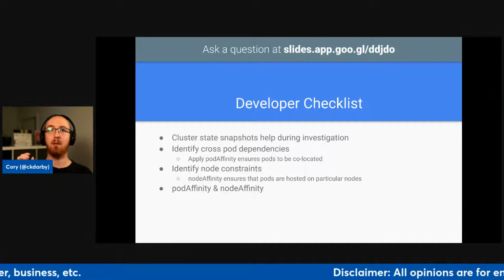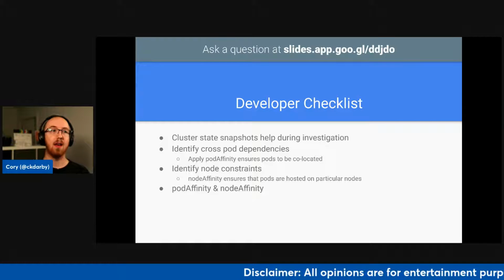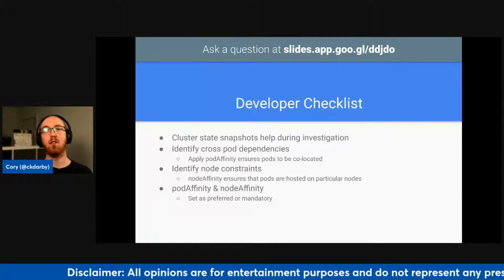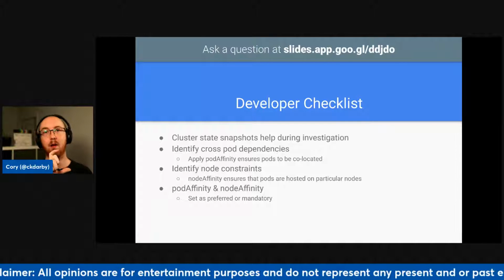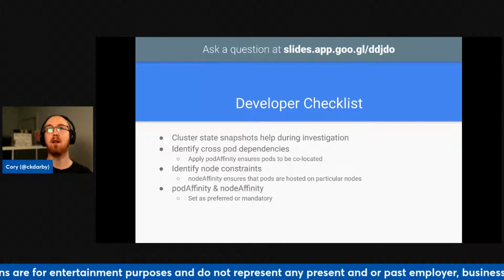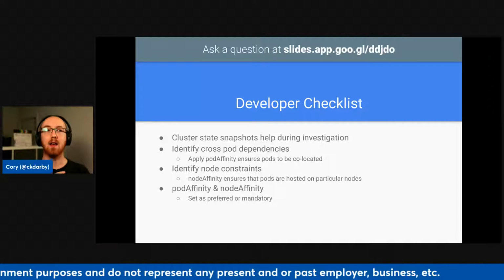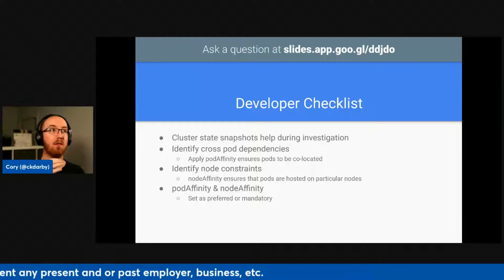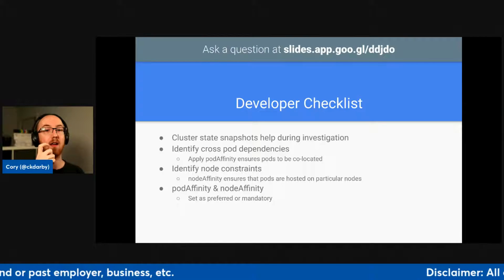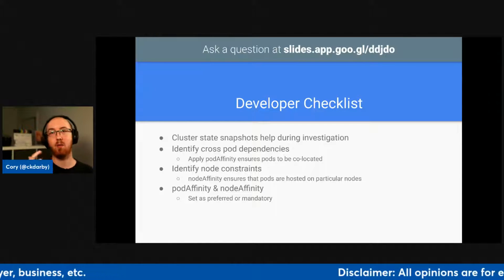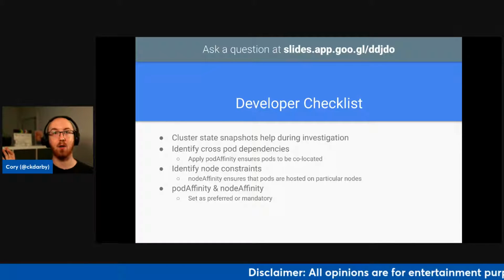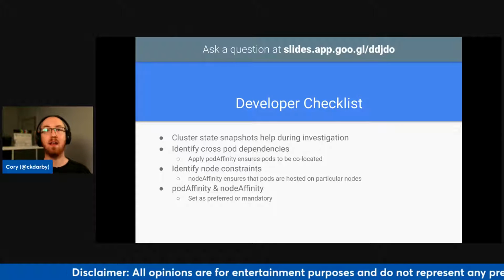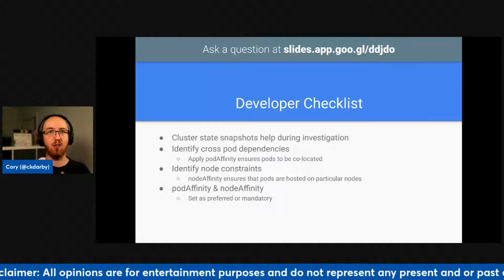Now, what I will say about pod affinity and node affinity is we have the option of setting it preferred or mandatory. On the preferred option, you can set a weight. So you could say my preference is 90% of the time I want to be coupled. 10% of the time, based on the weight, I'm willing to go elsewhere if I can't go anywhere else. Because you would rather scale and have the latency bump than not scale at all and have requests dropped.